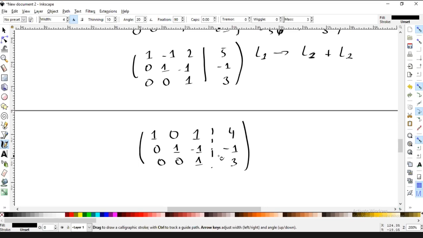So I will now do L1 minus L3, and here L2 plus L3.